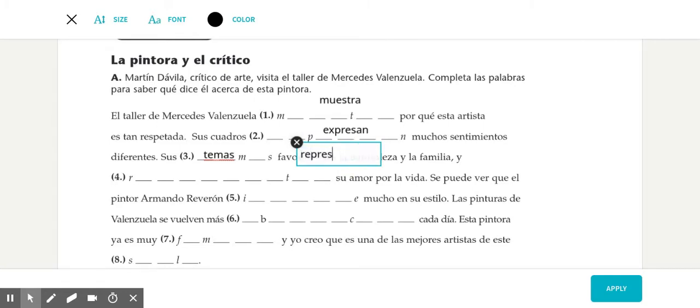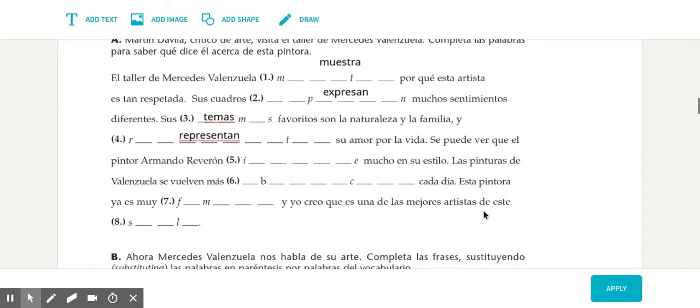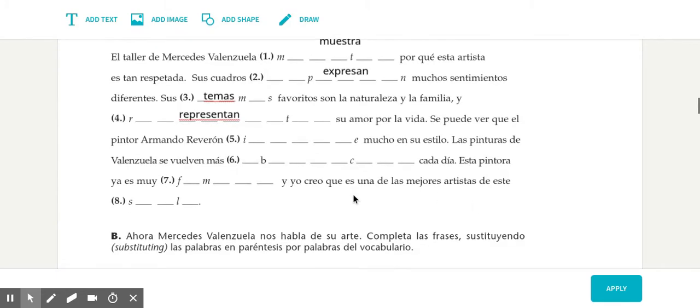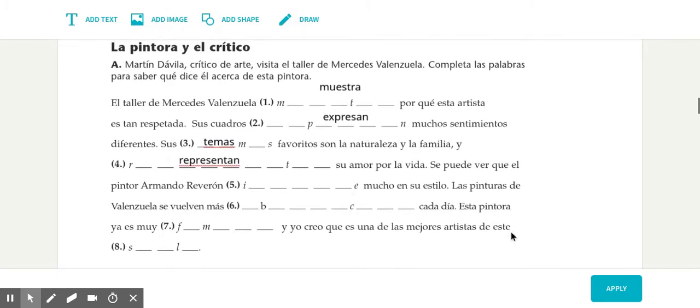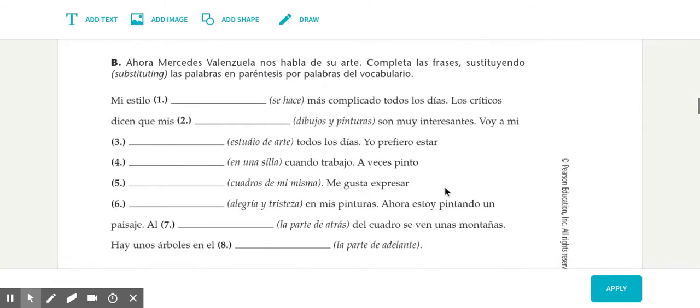Representan. That seems to fit better, doesn't it? Representan su amor, no? So go ahead and keep going with that on your own. This just uses your vocabulary from the book. Please see my previous video for a preview of that, or look into your study guide and look at the pages that you should study for your vocabulary.